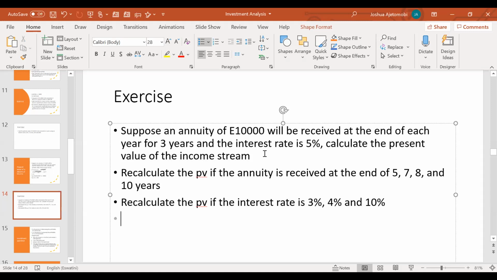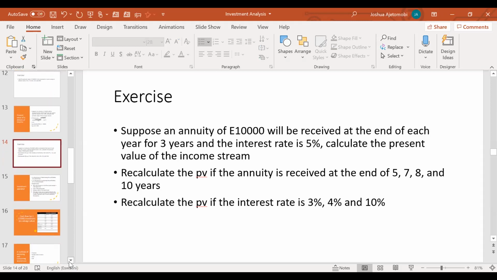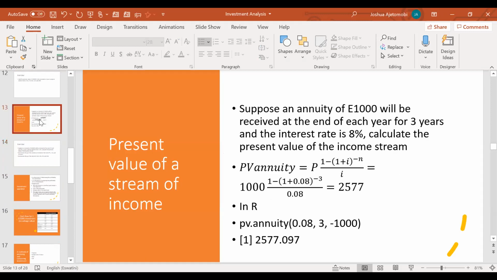That's changing those years at 5%. Then you maintain 3 years, but you now change the interest. Initially, you work with 5%, then you now work with 3%, 4%, and 10%. That's the question. I think you got everything, Fiona, it's just a matter of checking where you missed it. So that is just the exercise.